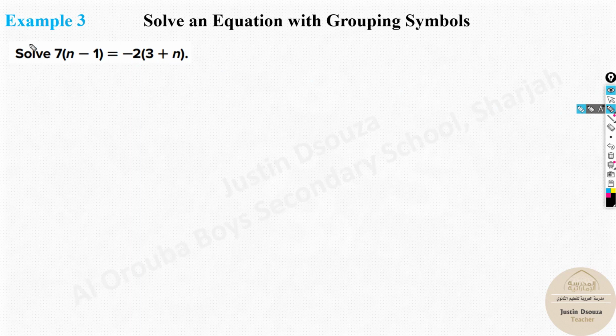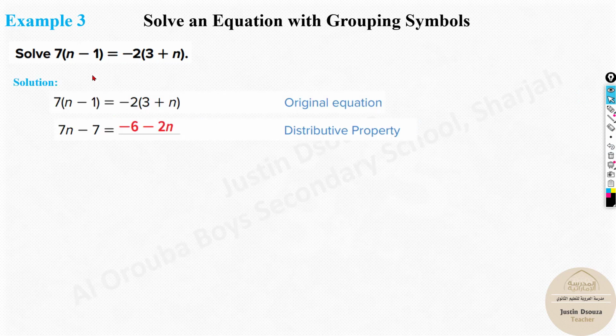It's very simple. See, whenever you have brackets with a quantity, you must remember when something is multiplied, this needs to be distributed evenly at both the terms. That means 7 times n and 7 times minus 1. This is very crucial. Now this is the distributive property.